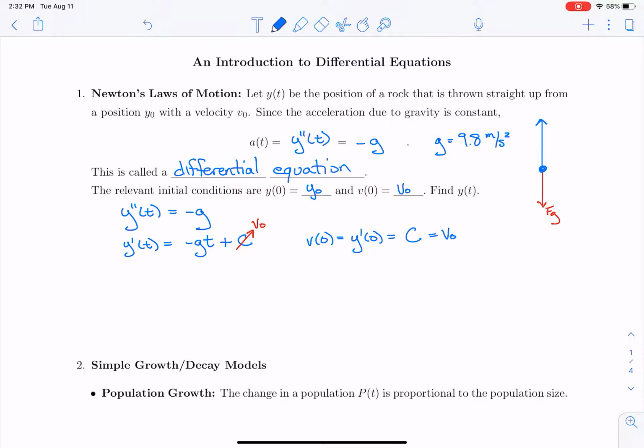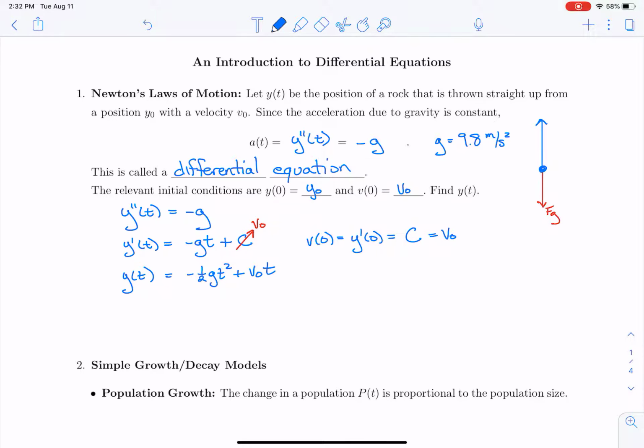Okay, now that I have that, what about position? Well, I can play the same game again. Okay, so I'm going to find the antiderivative, y of t. That's going to be minus 1/2 g t squared plus v0 t, since v0 is a constant, so the antiderivative there is just t.